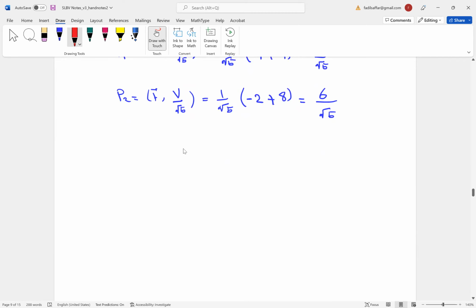So we need now to represent that vector in the orthogonal vector space using those 2 orthogonal vectors.